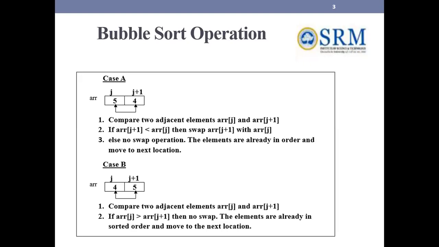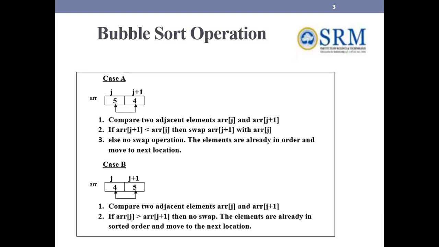Compare A[j] and A[j+1]. In ascending order, the first element should be less than the second element. Here A[j+1] is lesser than A[j], so swap the two elements. That is, 4 comes in the first place and 5 comes after 4. So the elements are in sorted order.